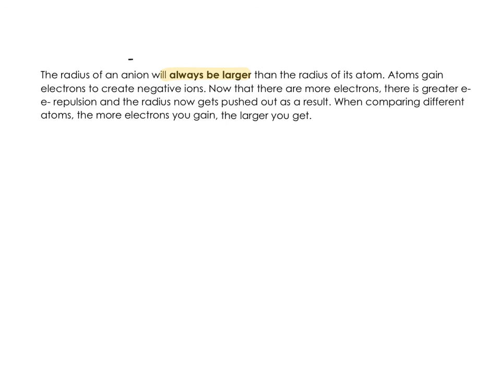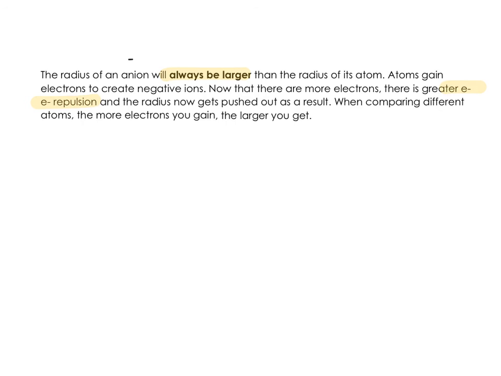And there are more electrons in that valence shell. Because of that, there's greater electron-electron repulsion, so the radius gets pushed out. So they get bigger because there's more electron-electron repulsion. When comparing different atoms, the more electrons you gain, the larger you get.